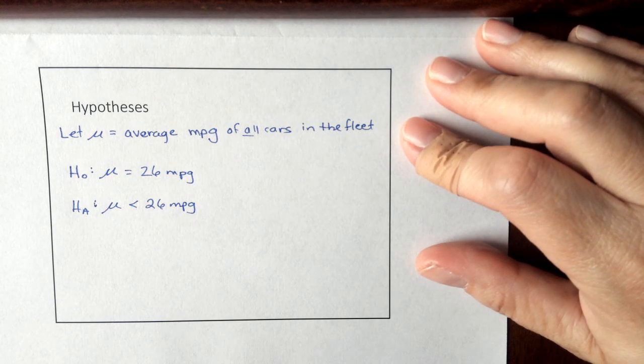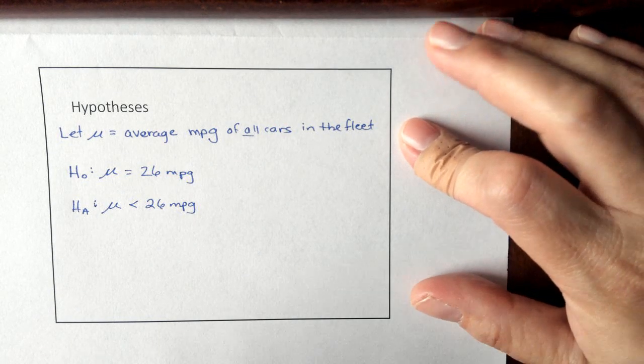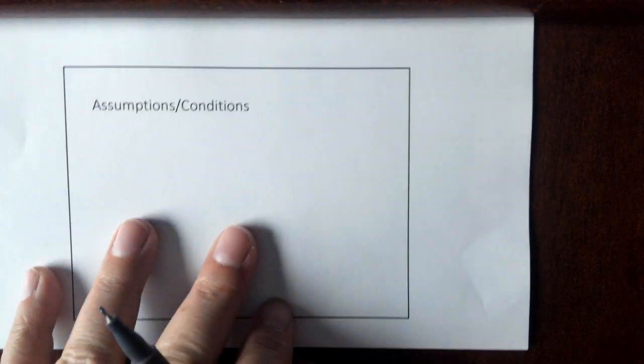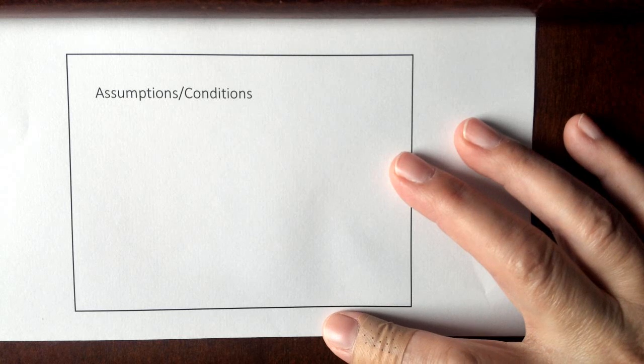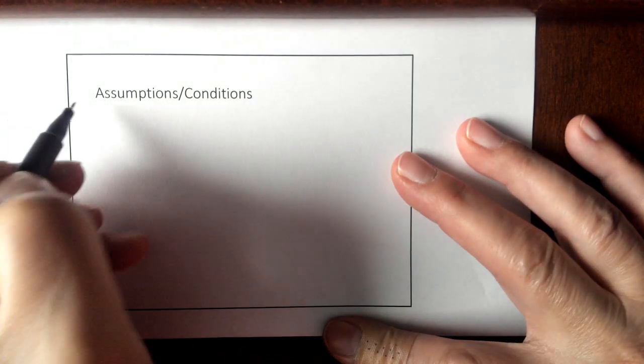Okay, second step is to check conditions or assumptions. So let's move on to that page. So 3 conditions. Since we just have one sample, we're back to 3 conditions. The first condition, as always, is our randomness, and they told us we had 50 random trips chosen from the fleet.